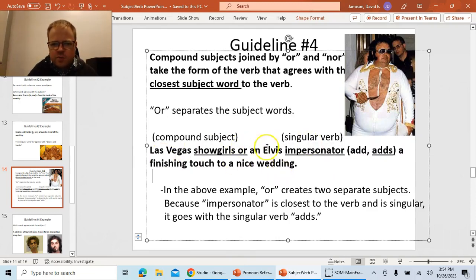We could ignore this part altogether because of the word or. If we said Vegas Showgirls and an Elvis impersonator, we would say add. If we said Elvis impersonators and Vegas Showgirls, we would say add again, because the Vegas Showgirls are plural. But because Elvis impersonator is right here and we're using the word or, then it's adds.